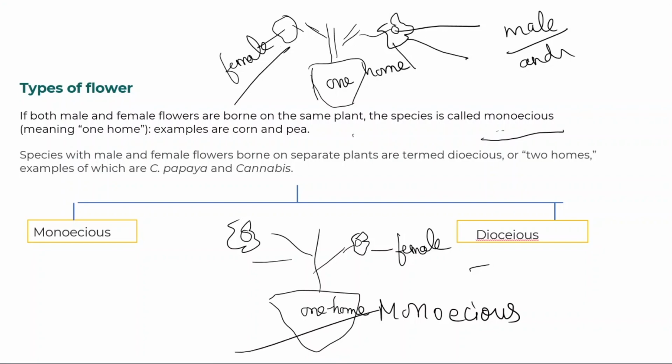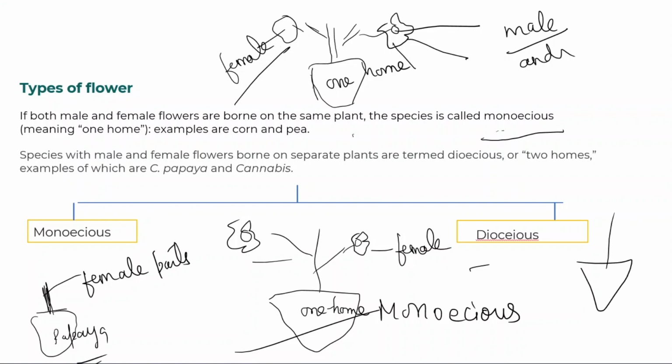Some species have male and female flowers born on separate plants. It means, we could say that I have a papaya tree, but the flowers on the papaya tree only have female parts. But in your garden, you have a papaya tree that has male flowers.